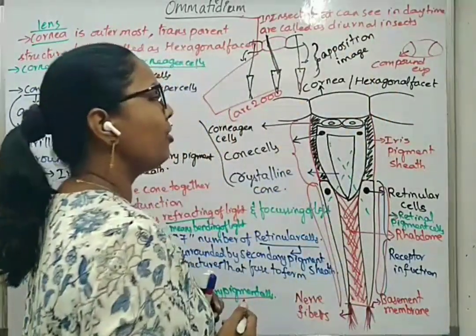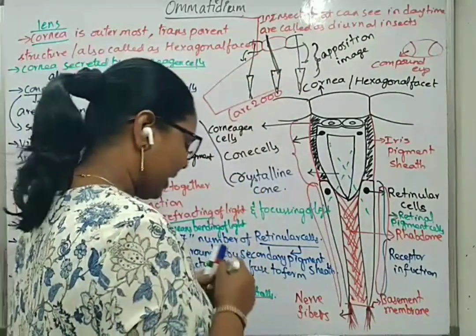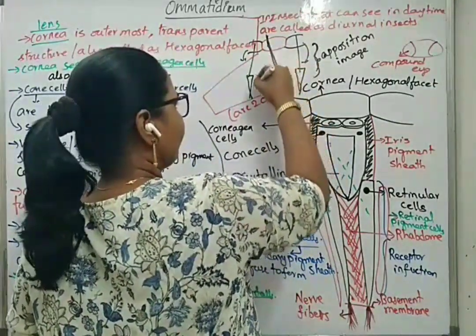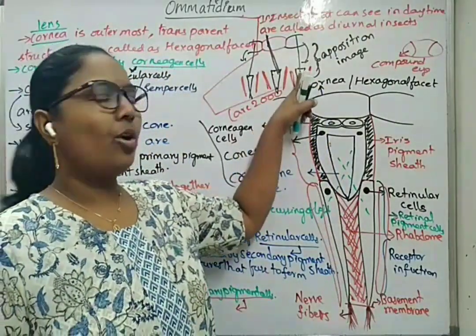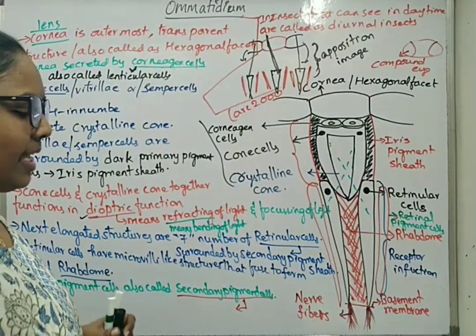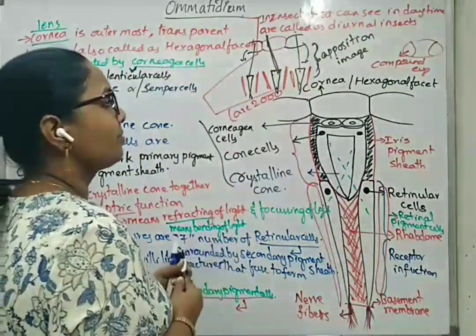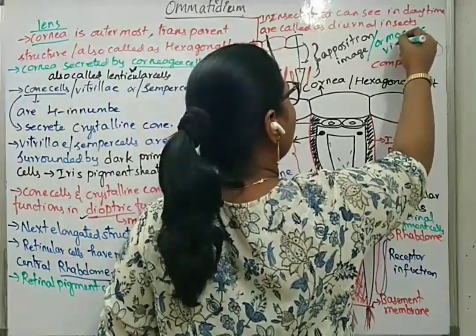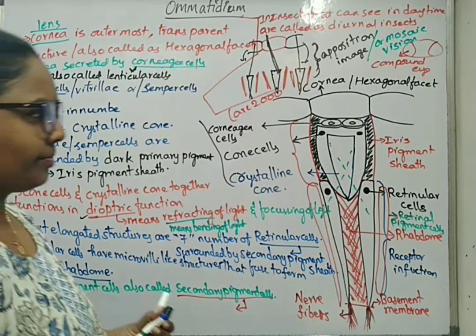There will be no overlapping of light of one ommatidium on the other, because around the rhabdom and retinular cells there are secondary pigment sheaths. These secondary pigment sheaths will not allow the focused light on the rhabdom onto another ommatidium. Such vision is called apposition image, or mosaic vision.